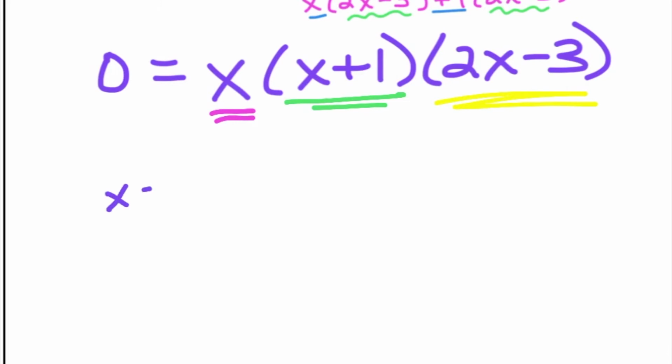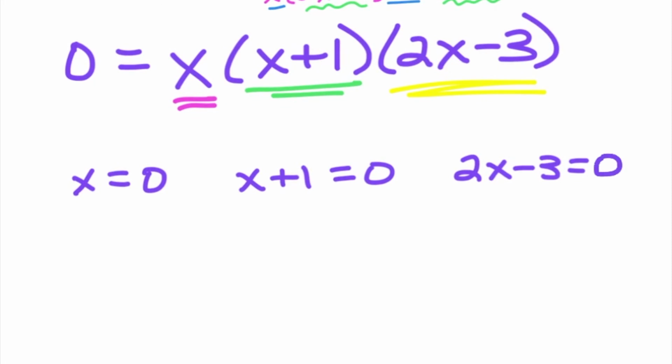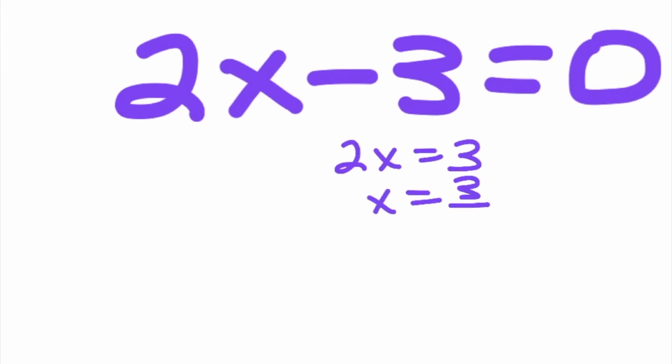So x equals 0, x plus 1 equals 0, and 2x minus 3 equals 0. And then I'm going to solve each of them. So x equals 0, x equals negative 1, and over here 2x equals positive 3, so x equals 3 over 2.